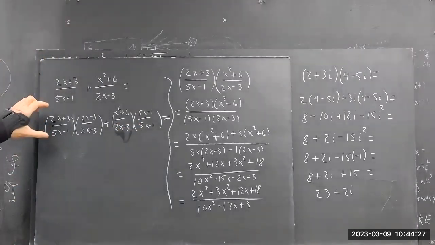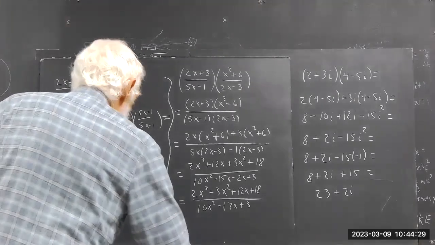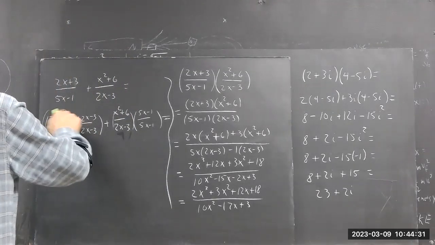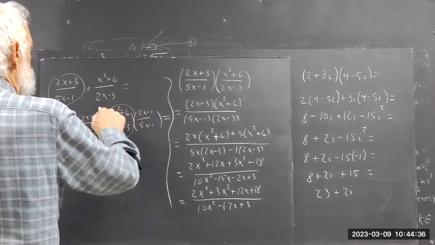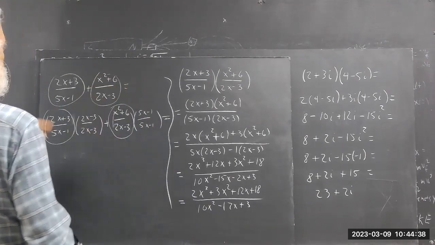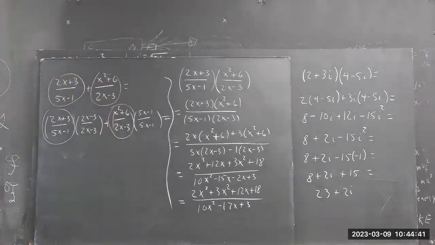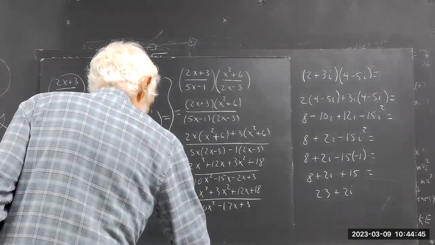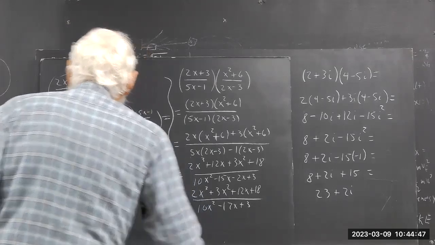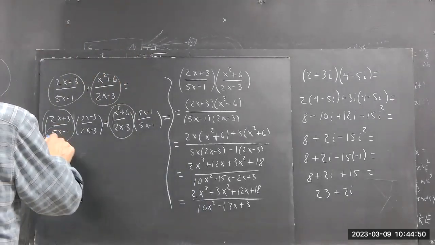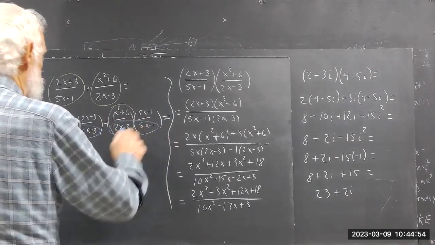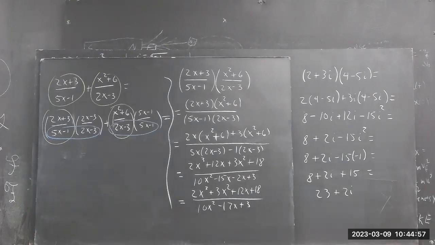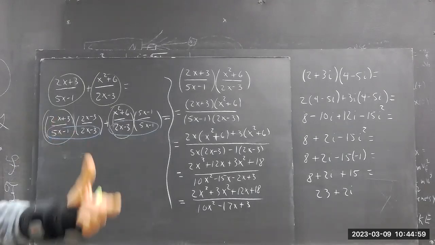So now I can see I've got my original fractions, you actually call them rational expressions. I'll call them functions. We got this, and we got this, and our denominators match. The denominator here is 5x minus 1 times 2x minus 3. The denominator here is 2x minus 3 times 5x minus 1. But it's the same denominator.